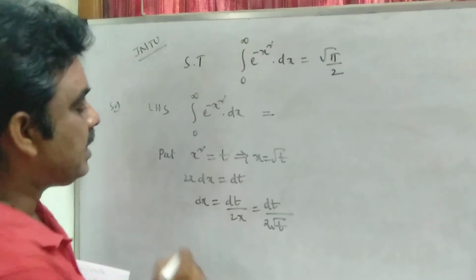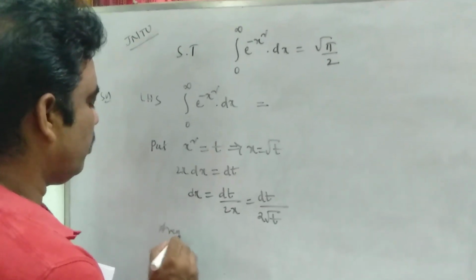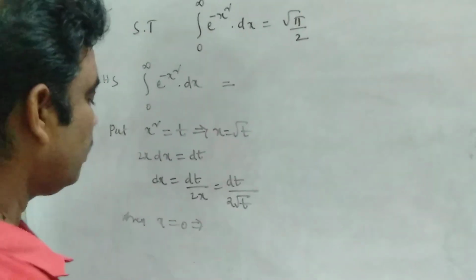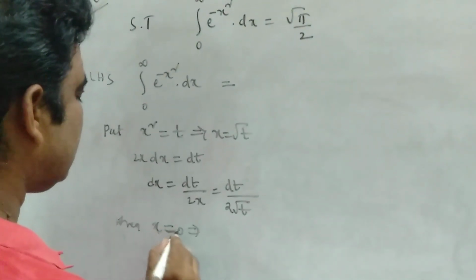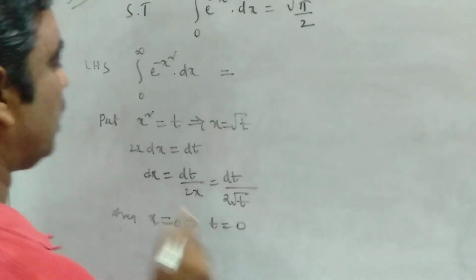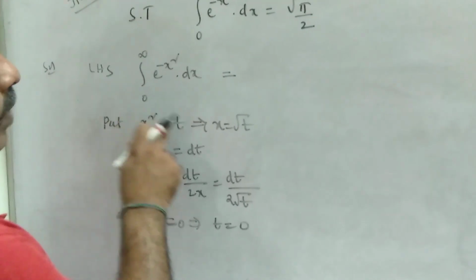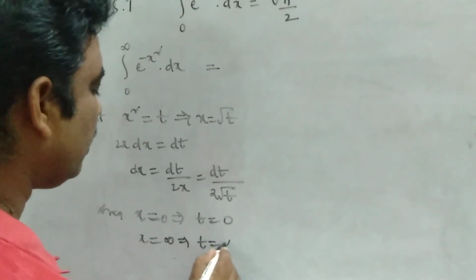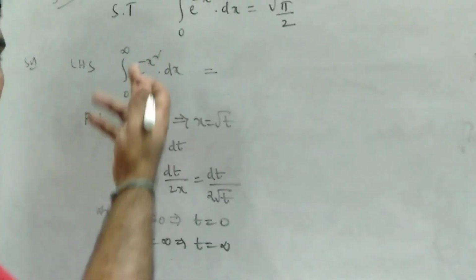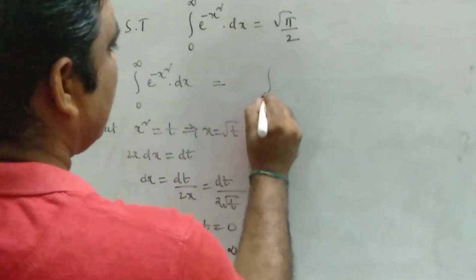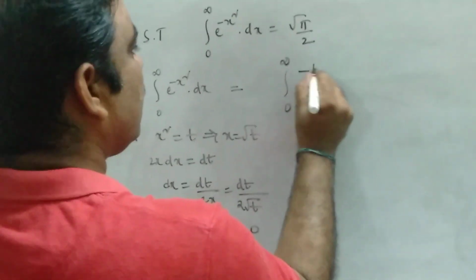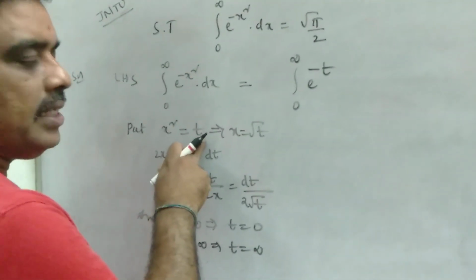Also the limits: when x is 0, what will t become? When x is 0, 0 square, t is 0. When x is infinity, t is also infinity. So there is no change in the limits, 0 to infinity, and e power minus x square becomes e power minus t.